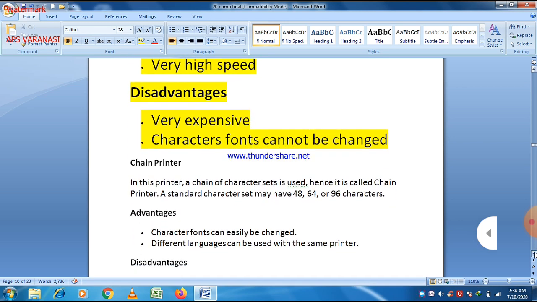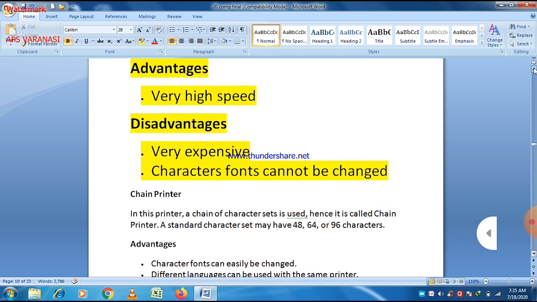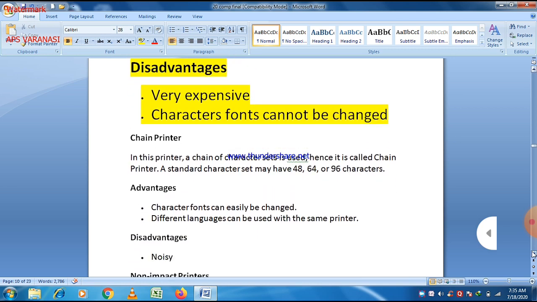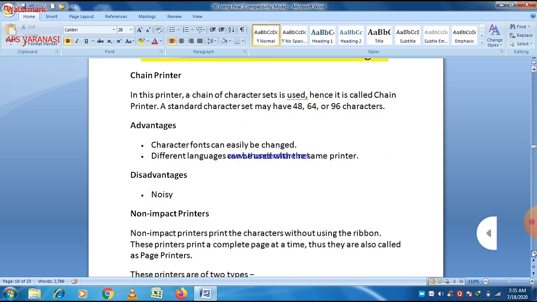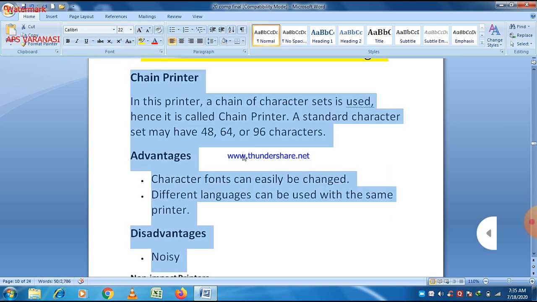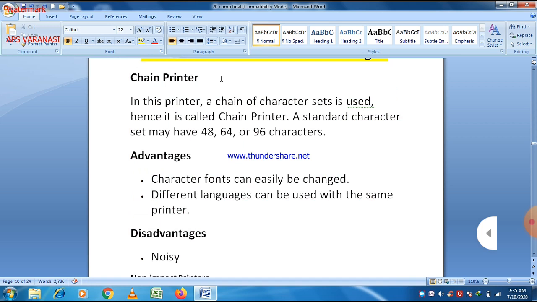Next is the chain printer. As the name suggests, in this printer a chain of character sets is used. Let us discuss its points one by one.